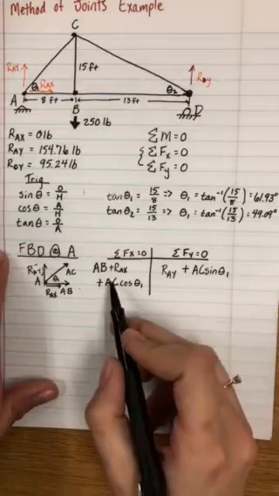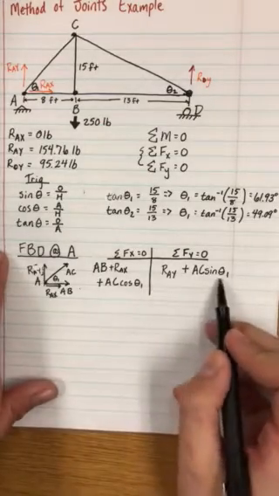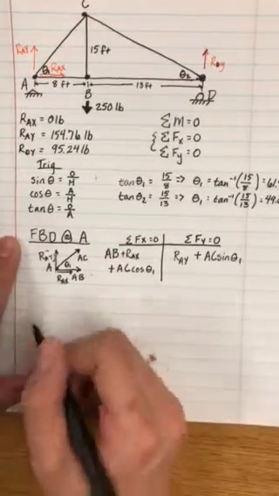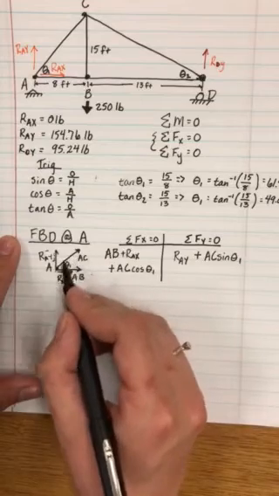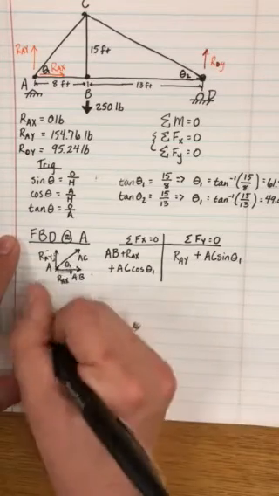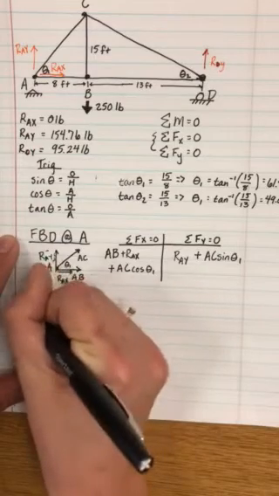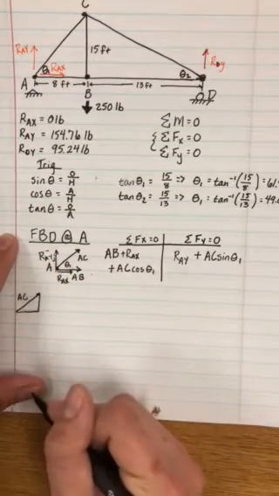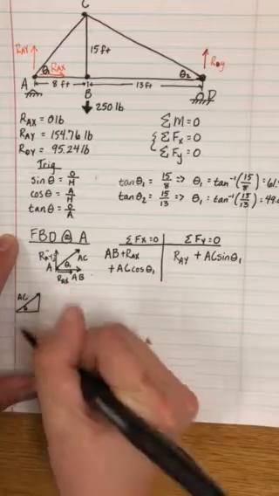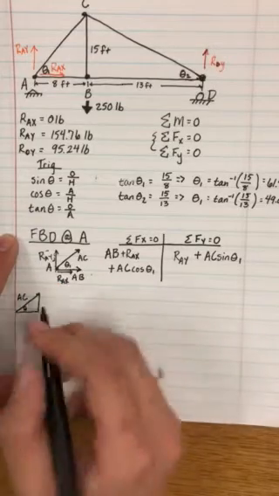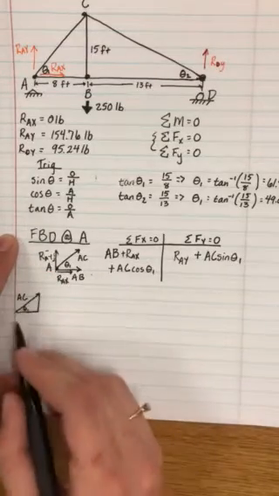Now for a better understanding as to how I'm getting the cosine and the sine values, let's draw a little triangle down here. AC, if I'm drawing this line segment, consider the right triangle that's formed. So we have line segment AC, and we have angle theta down here. Call it theta 1.